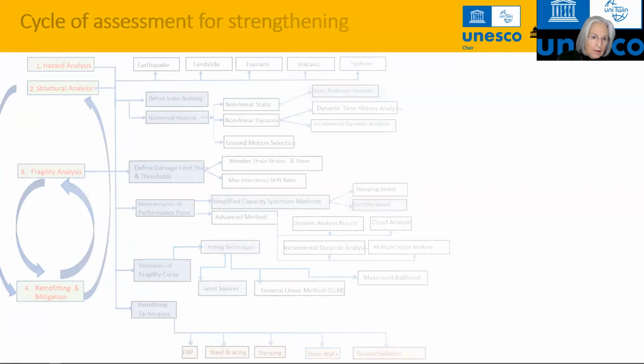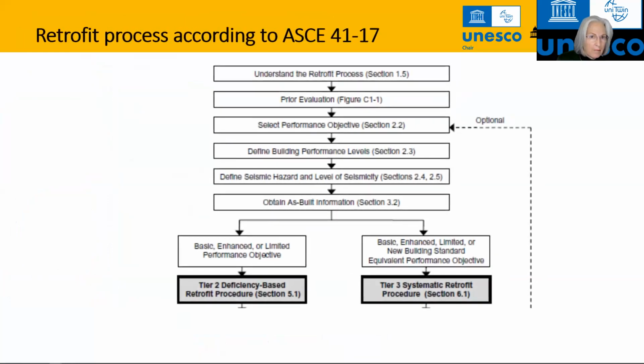So the retrofit, at this point, we are in the retrofitting process, and the retrofitting process, according to ASCE 41-17, as you can see, matches very closely the process of assessment, in particular in relation to the 2 tiers.